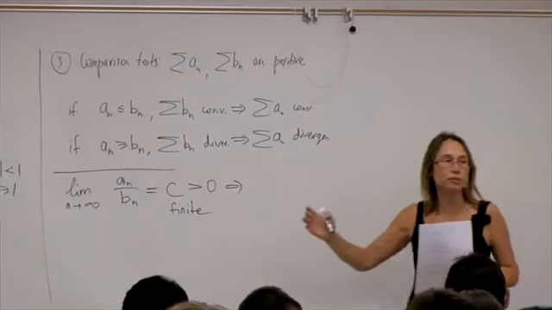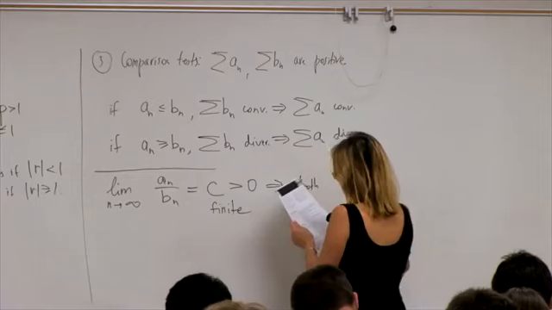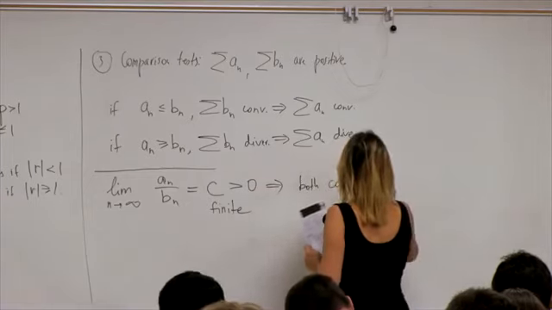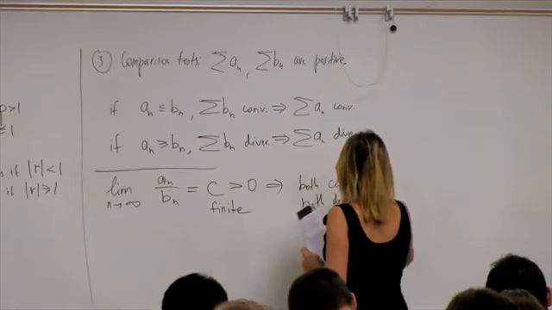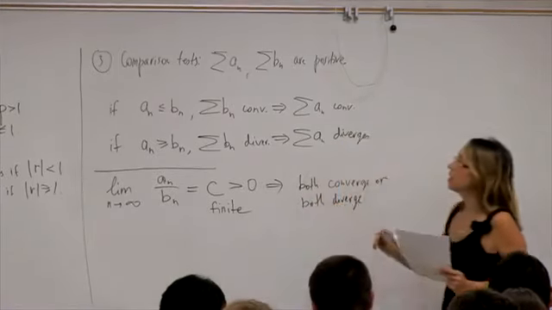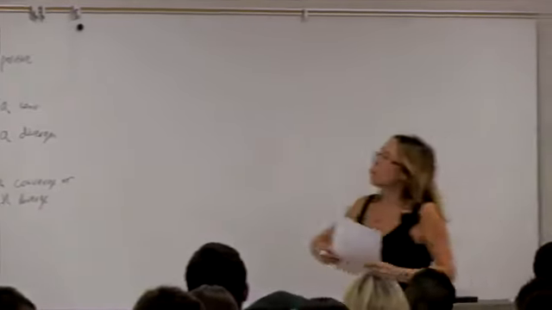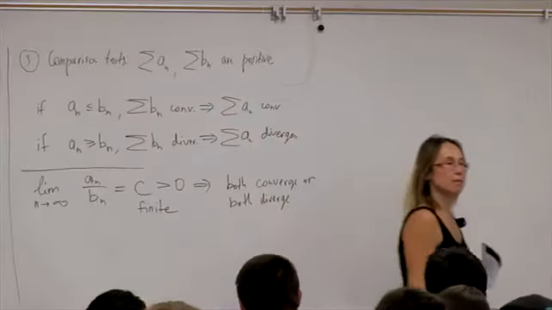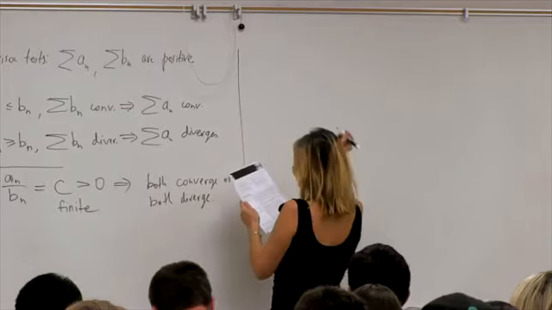They either both converge or both diverge. Okay. So again, there are two variants of the comparison test. One requires a term by term comparison. The other one is a limiting version of the same thing. Fine.